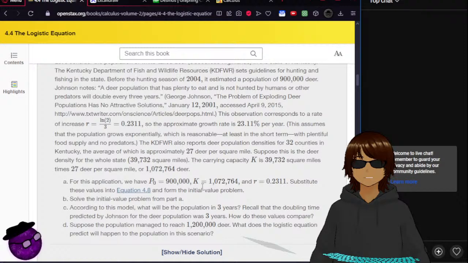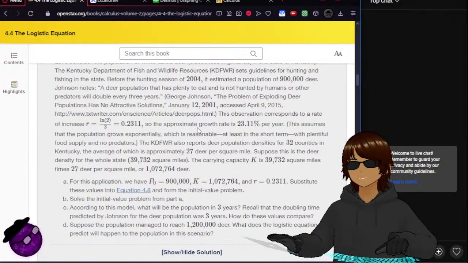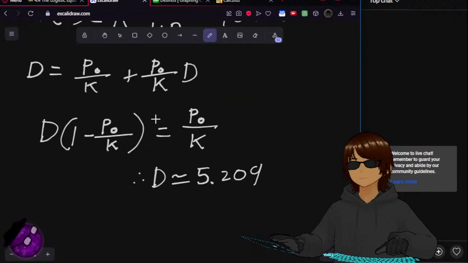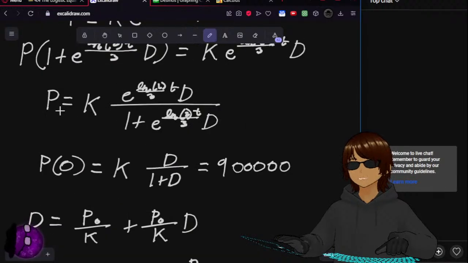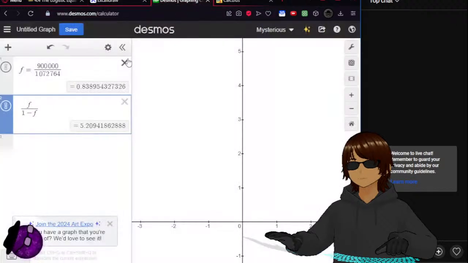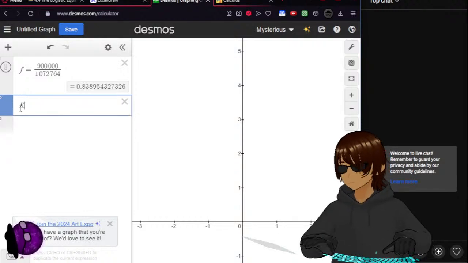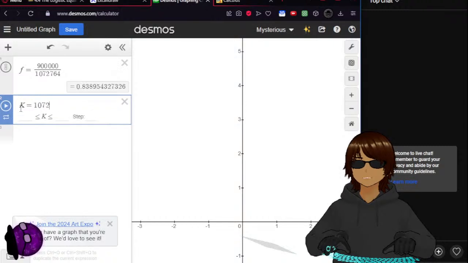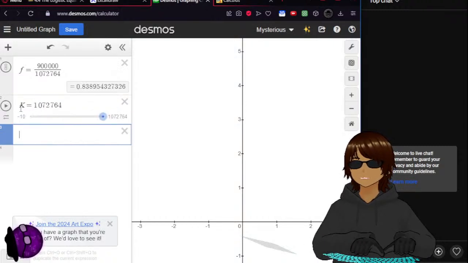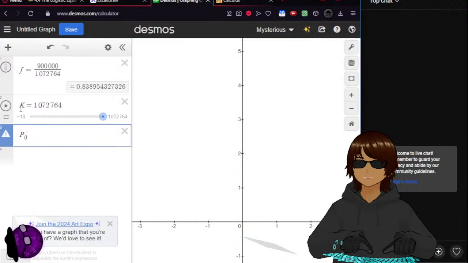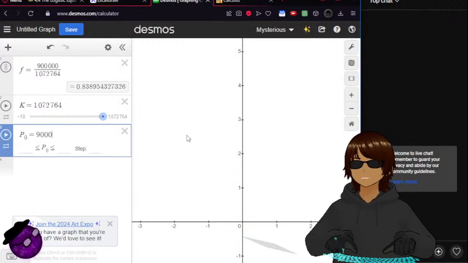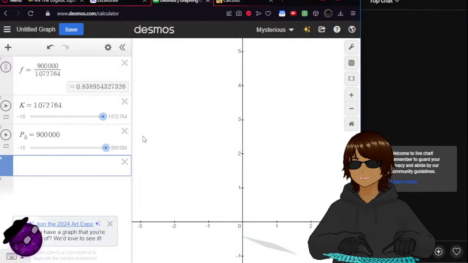Hold on. T is in years, right? So P is 3. K is equal to 72764. And then P0 is equal to 3.